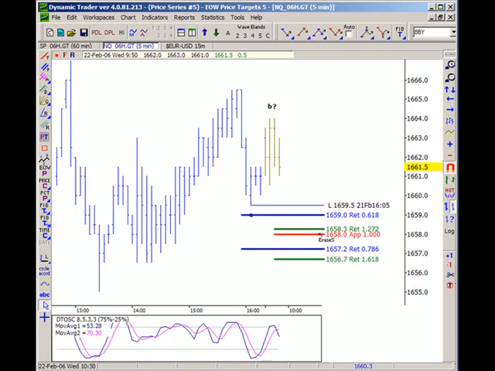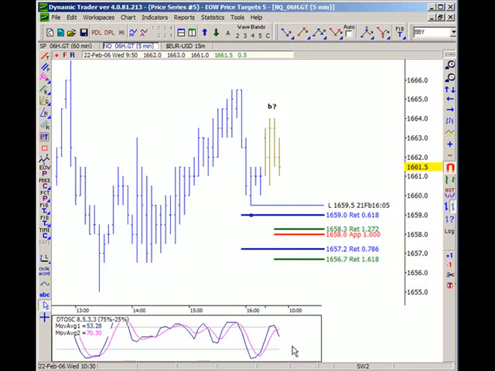So we've got a zone here around 1658 to 1659 that is the high probability target for the end of wave C. And if the market should decline and reach around that zone, that would be an ideal setup to consider a long trade to be long in the direction of the larger time frame trend. So let's add some bars onto this chart.